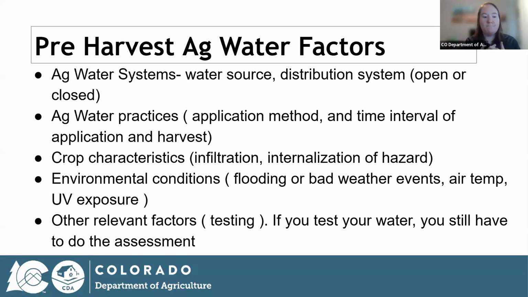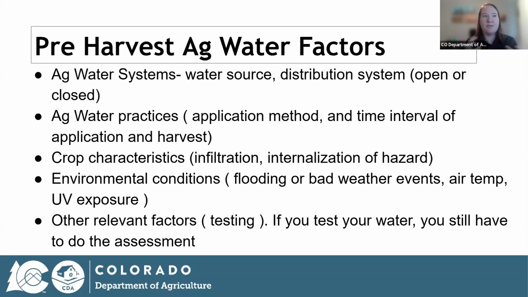With leafy greens, UV exposure could kill off some of the bacteria, but it doesn't kill bacteria that don't come into contact with the sun, versus something that sits on the ground like a cantaloupe. So keep in mind what you're growing as far as crop characteristics and infiltration. Can that water get into a stem scar? Can it get into a cut on your produce that could cause a situation? Those are things to think about.